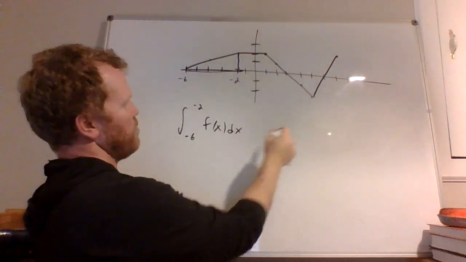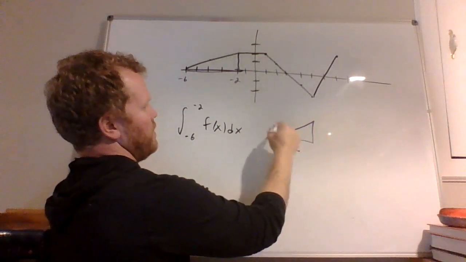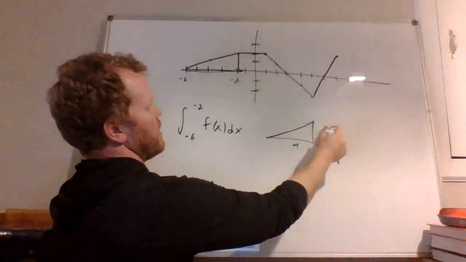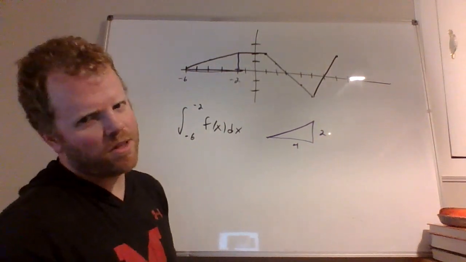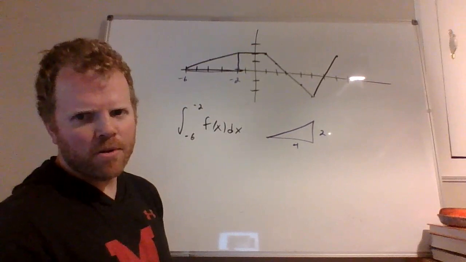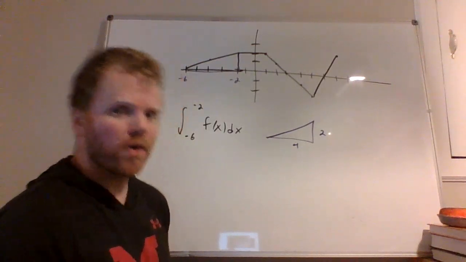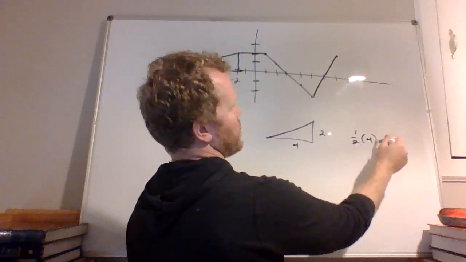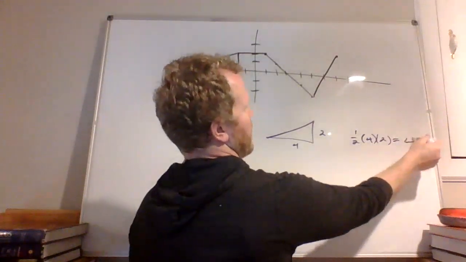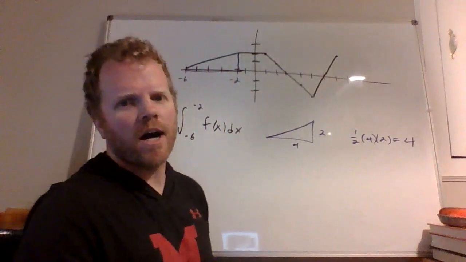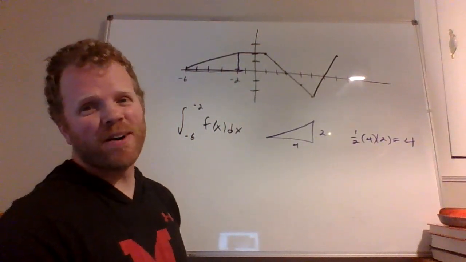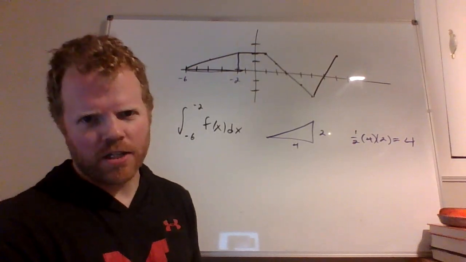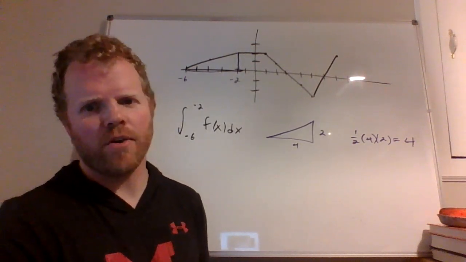Essentially, this is just one big long triangle, where the base is 4 and the height is 2. So we can either do it the long way like we did in the previous example, or 1/2 base times height, which is my vote. If we do 1/2 base 4 times height 2, you should get that the area is 4. You're welcome to do it the long way. We did it before. It's torturous and hard to do. Nothing is surprising yet. Everything is okay.